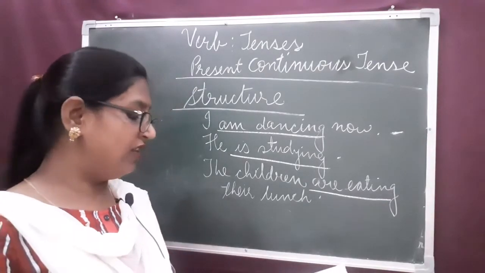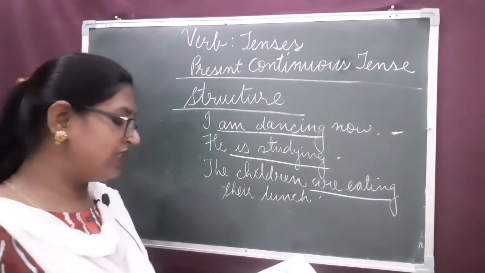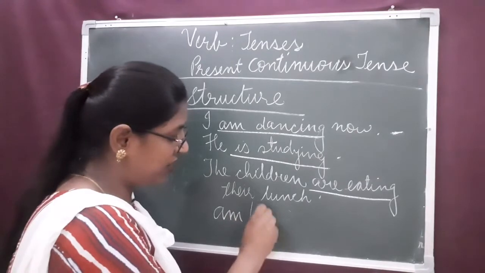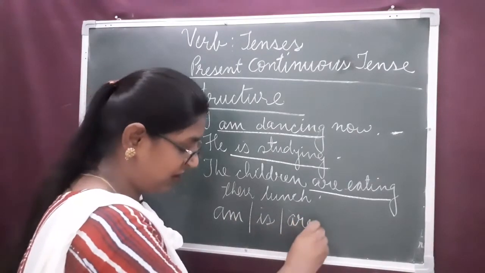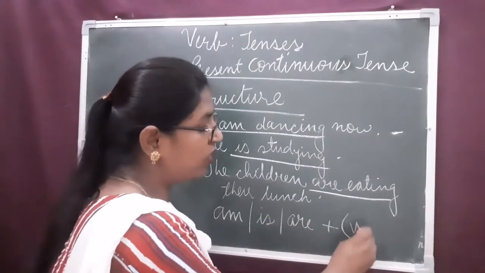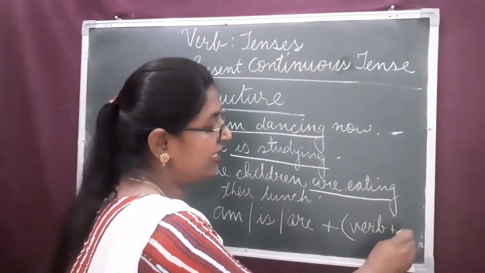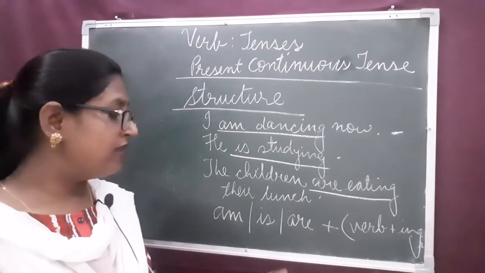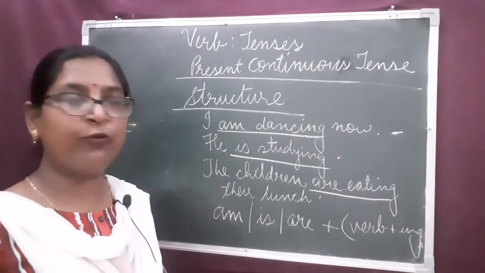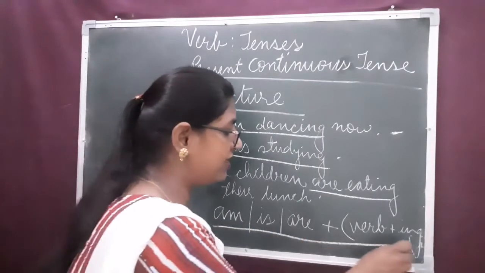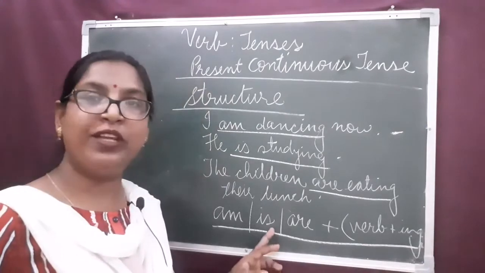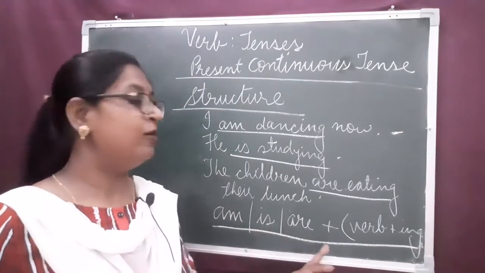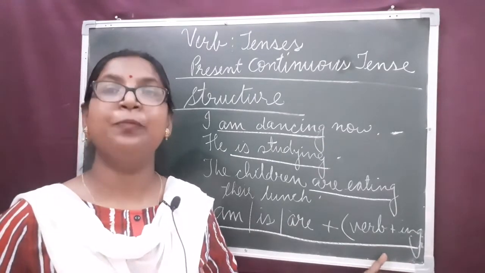So, dear children, the structure of these words is am, is, are plus verb in its ing form. This is the structure of the present continuous tense. Present form of be verbs: am, is, are plus ing form of the verb.